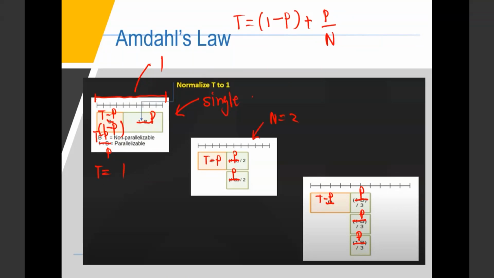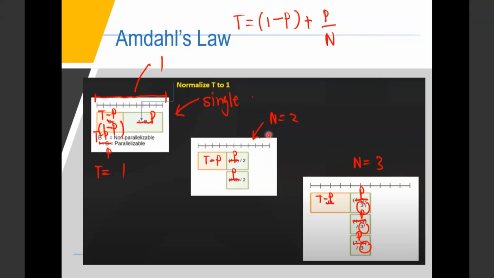You see the execution time now becomes smaller compared to a single core. If you increase your cores to 3, so we divide by 3, your execution time becomes much smaller, even less than when N equals 2.